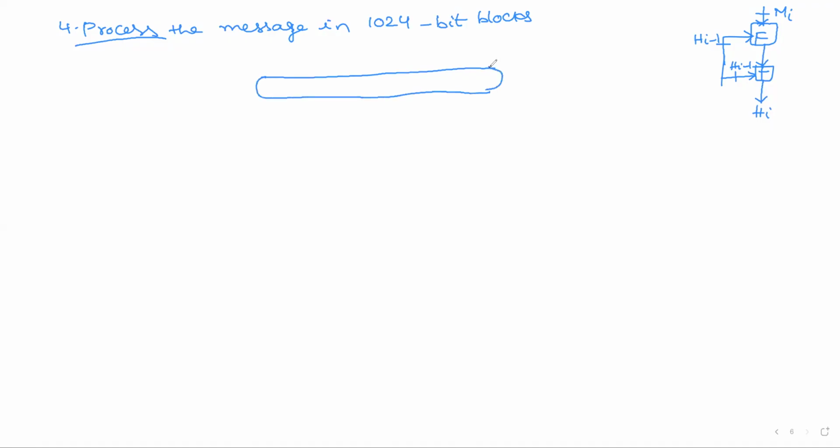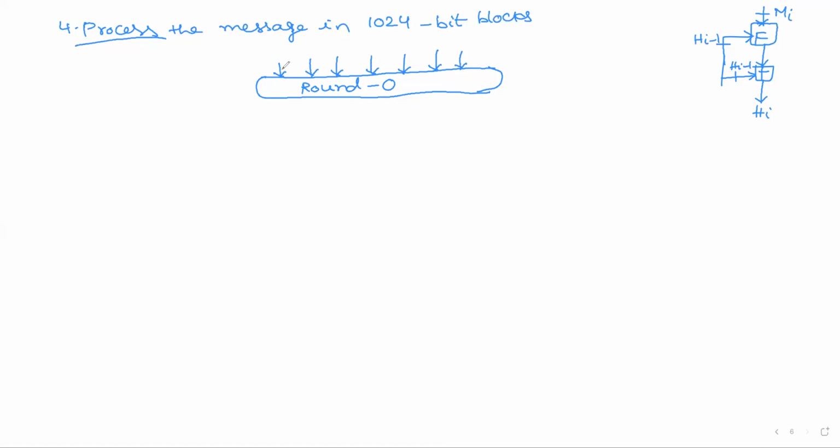Actually, I'm taking round zero in this F. If it is round zero, it will have the initial vector as one input and the plain text block as another input.